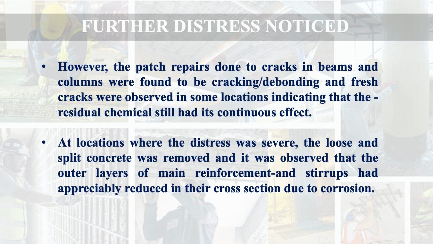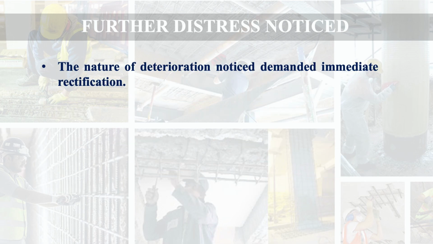At locations where the distress was severe, the loose and split concrete was removed, and it was observed that the outer layers of the main reinforcement and stirrups had appreciably reduced in their cross-section due to corrosion. The nature of deterioration noticed demanded immediate rectification.